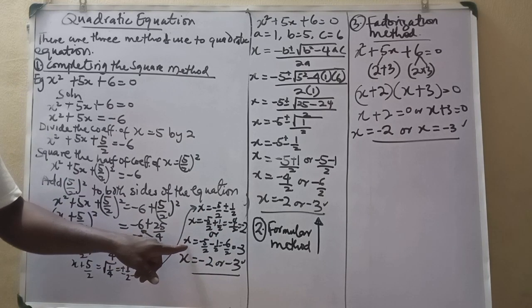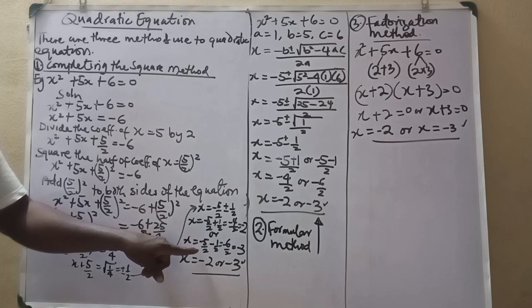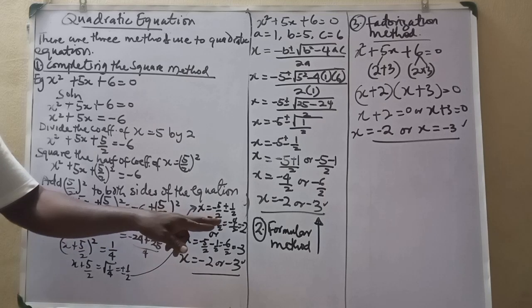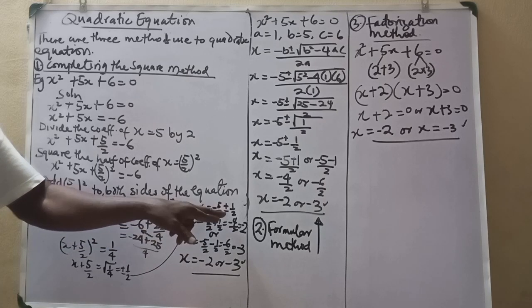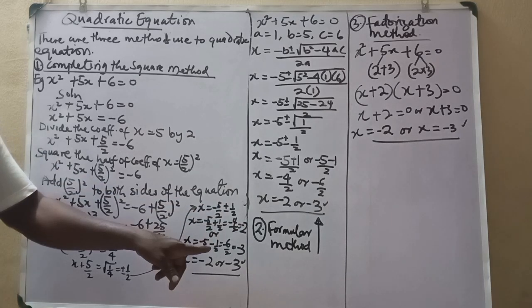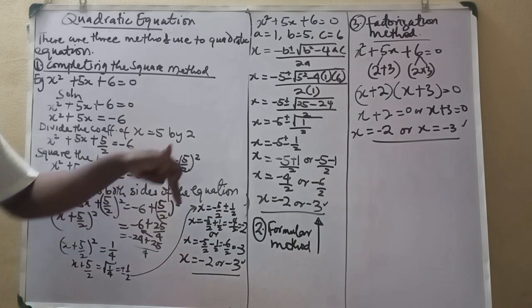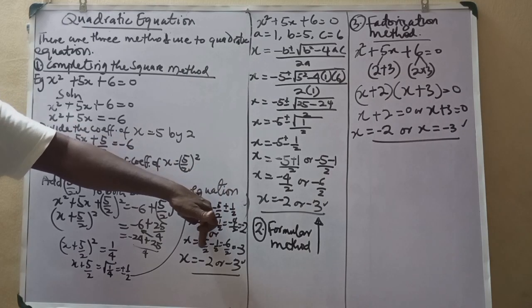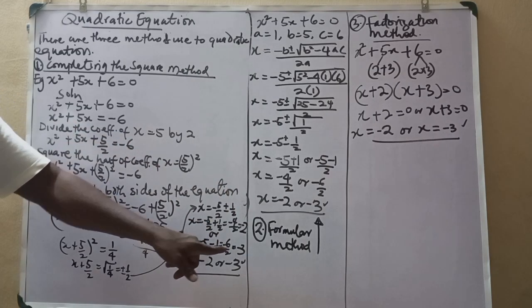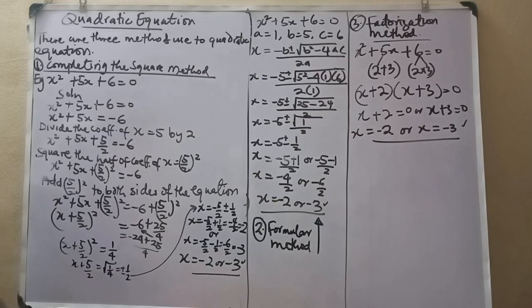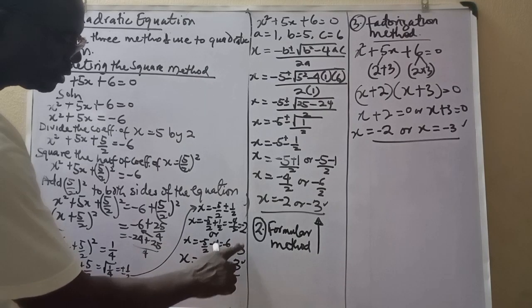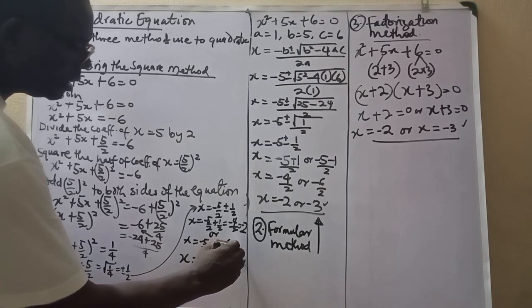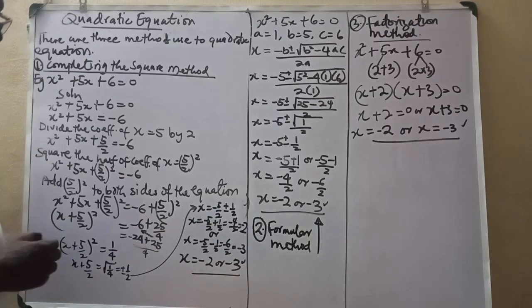Or x is equal to minus 5 over 2 minus, look at it, plus minus. So we're taking the minus 1 over 2. So minus 5 minus 1 will give you minus 6, divided by denominator 2, which is equal to what? Minus 3 there. So we can write that in word so that you can see it. Minus 3. Fine.